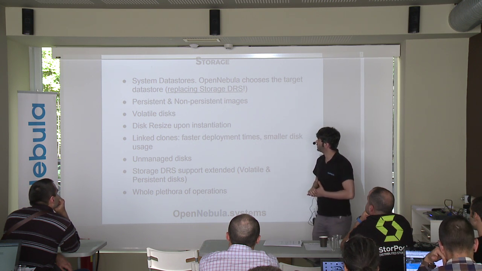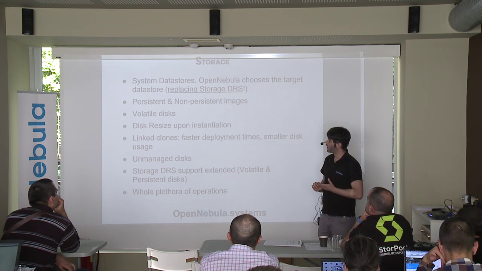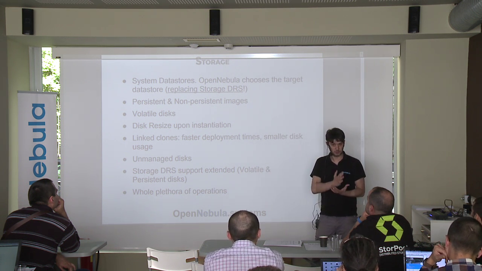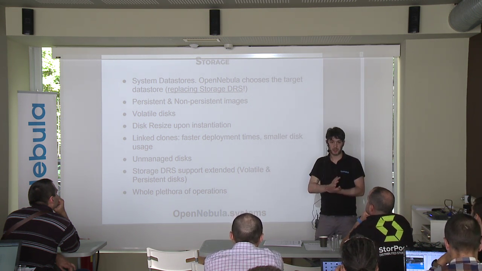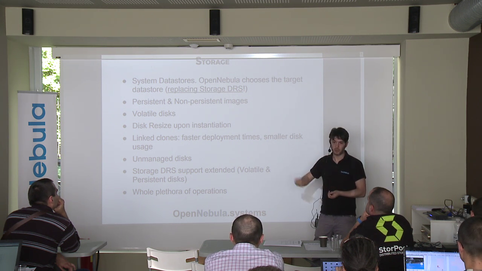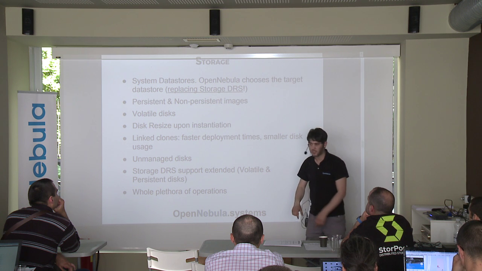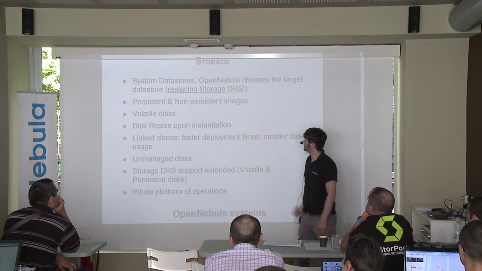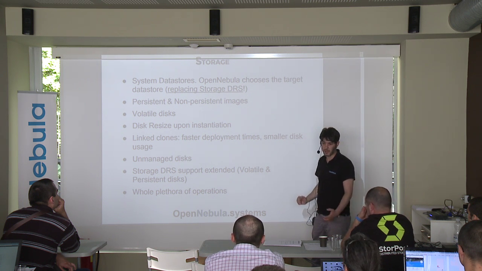We've changed that, and now the drivers are no longer a public cloud driver, and they are like a KVM driver. They have a pre part, and using the API, we do all this stuff: cloning images, preparing the network, and so on. So now we have system data stores. That was something that we didn't have.